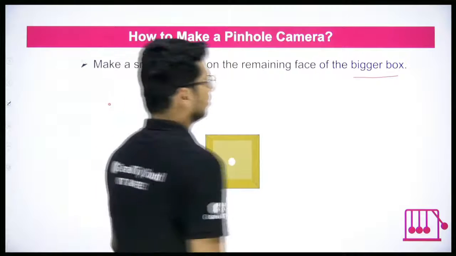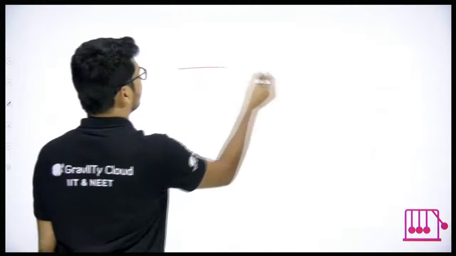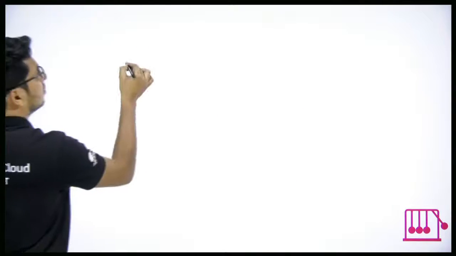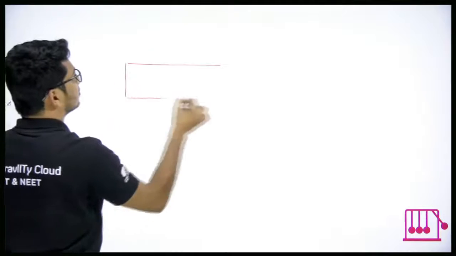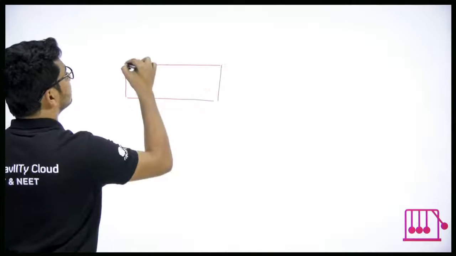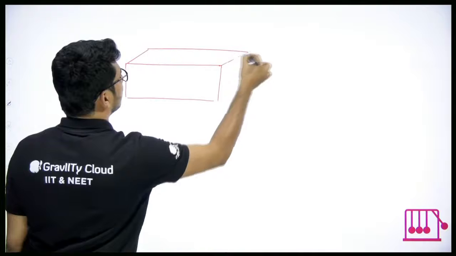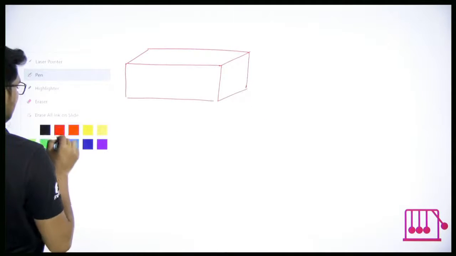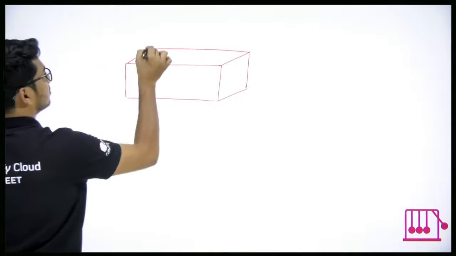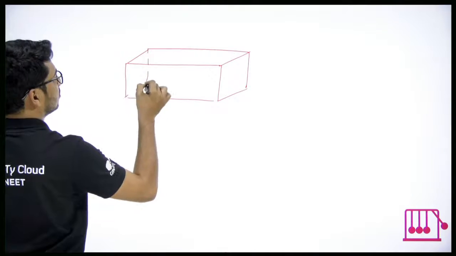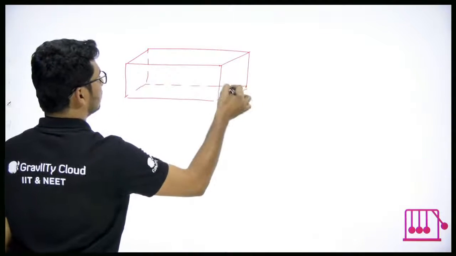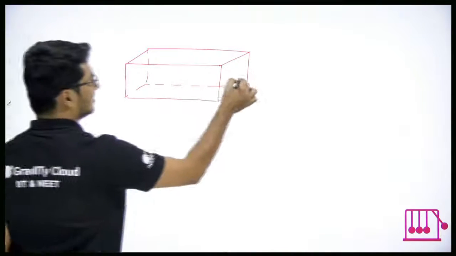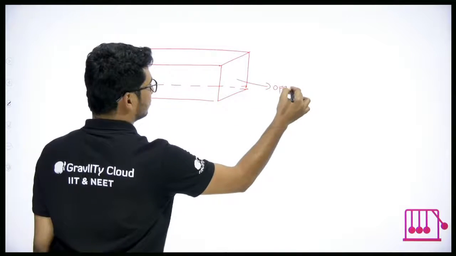Yes or no? I want to draw and show it to you. This is the bigger box. Let's say this is the open face where we have cut it. So it is open.